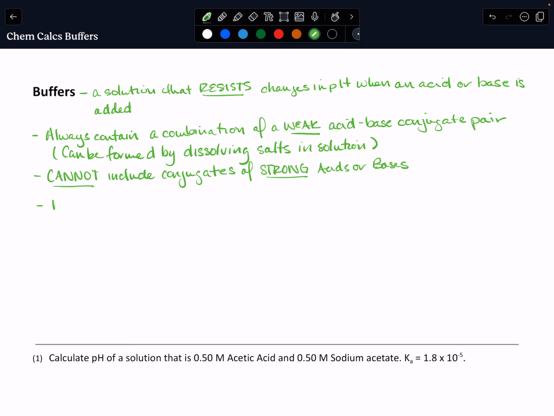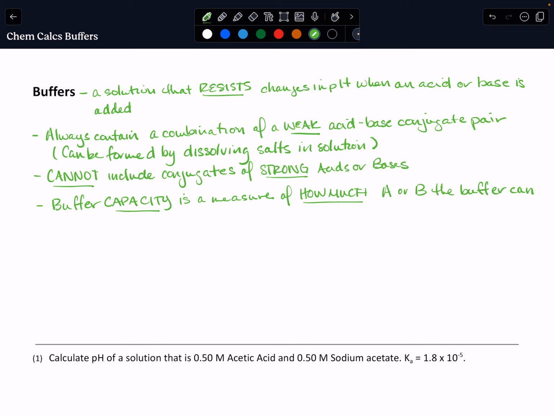All right, now let's talk about a couple definitions that go along with this. The first one is buffer capacity. All right, so buffer capacity is a measure of how much acid or base the buffer can absorb without changing pH.